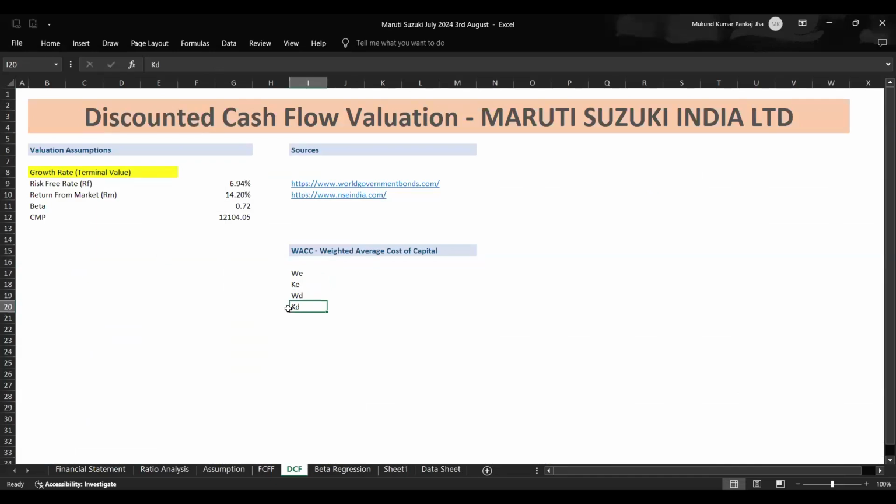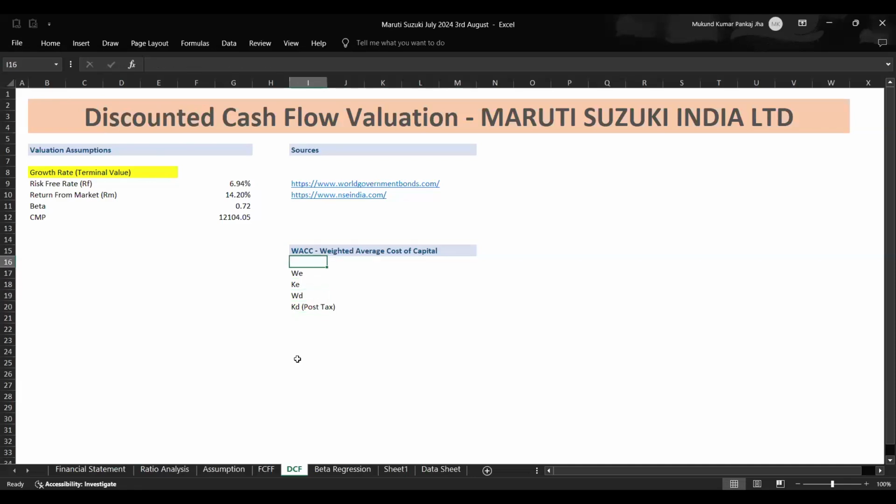Also remember this cost of debt is post-tax cost of debt. This is very important. This cost of debt is post-tax cost of debt. So I am writing now post-tax.